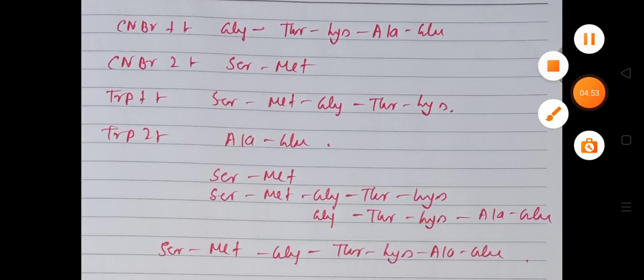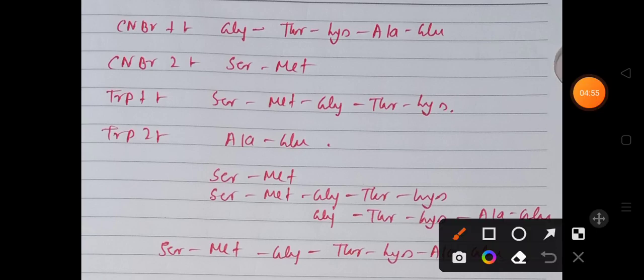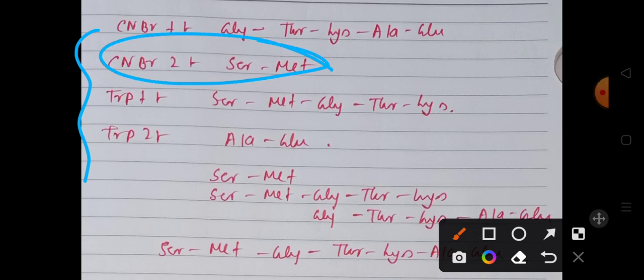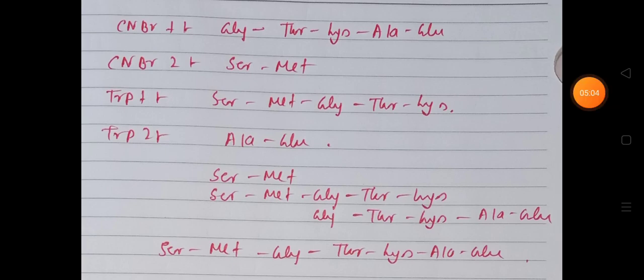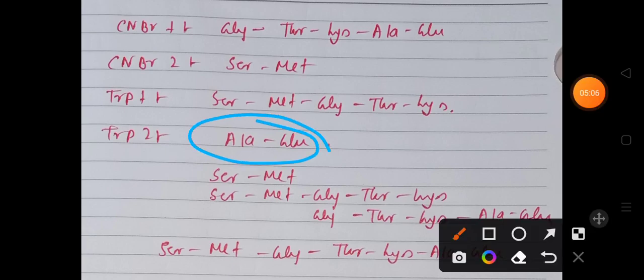So under such kind of problems, you have to take any peptide. Here I have taken this one. I may also do this with the help of these fragmented peptides. For example, I will start with alanine glutamic acid. I have to find another peptide that contains alanine glutamic acid.